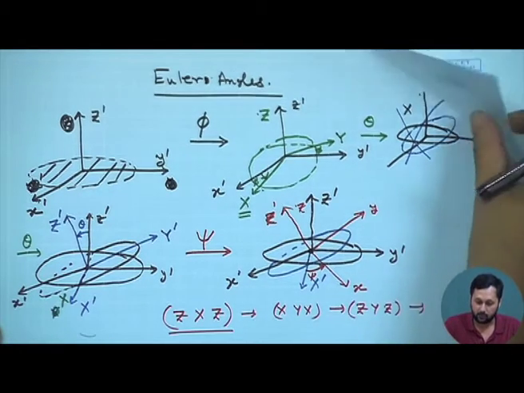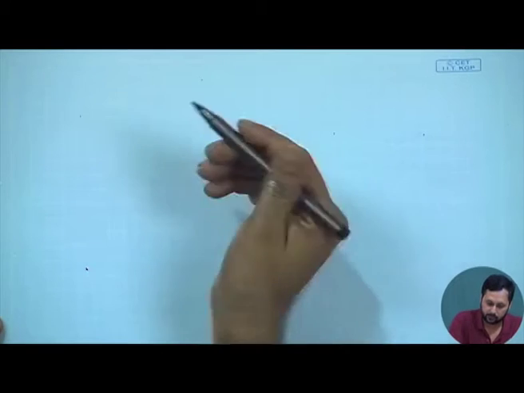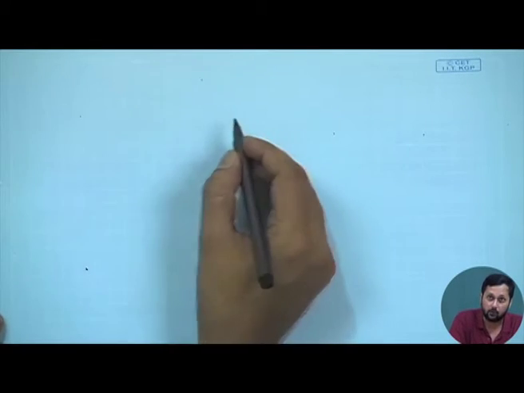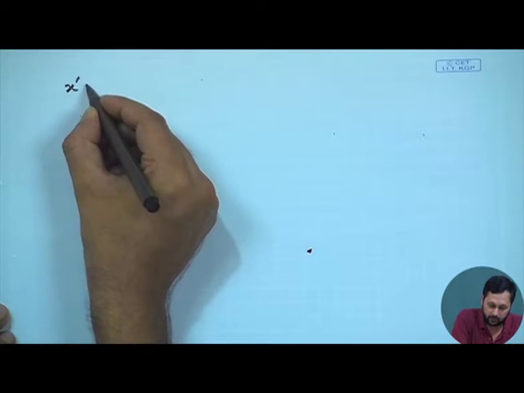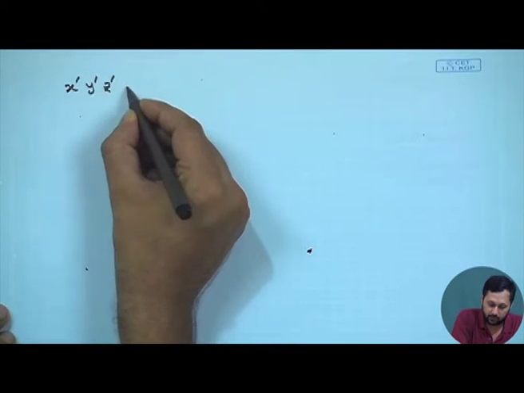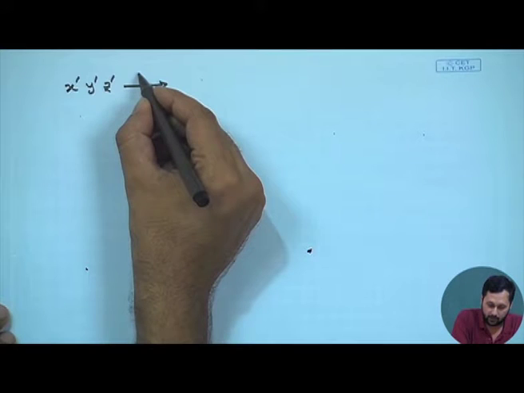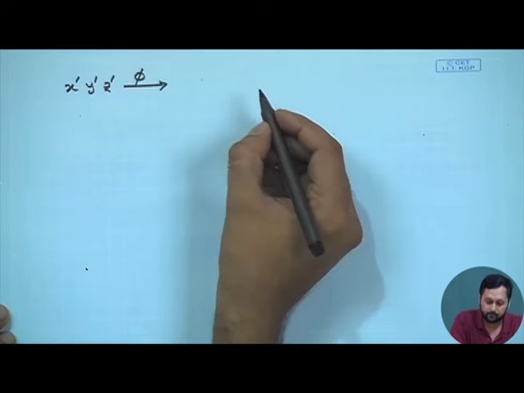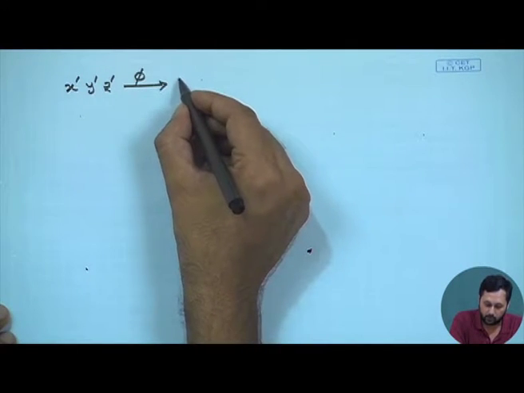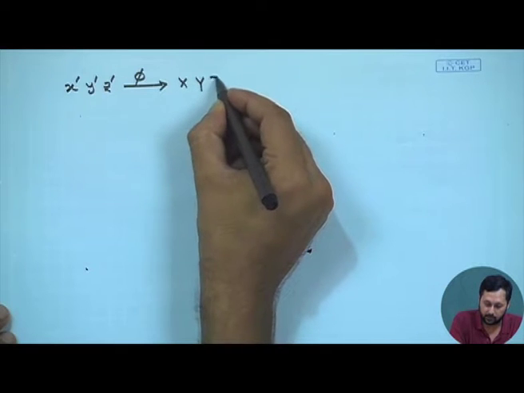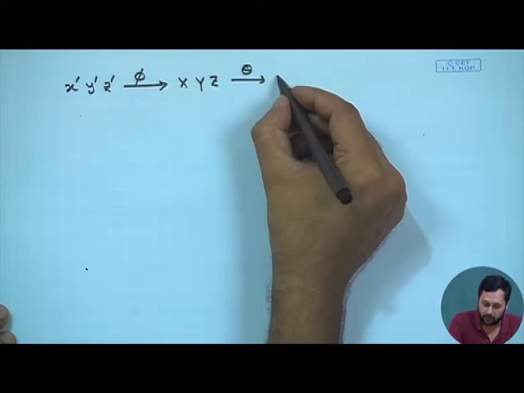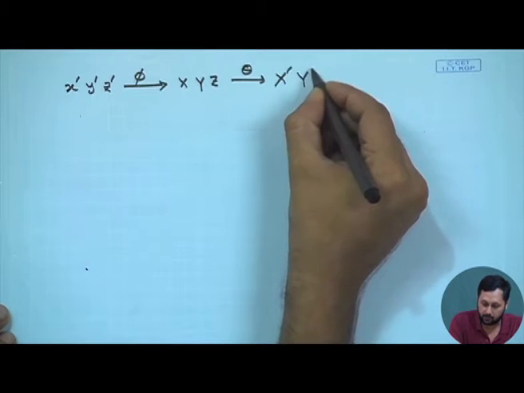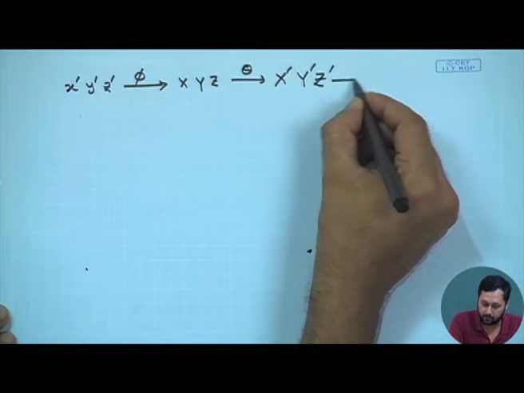So, the flow of movement, if we just go by the notation, is x prime, y prime, z prime. Just to summarize, we have phi, then we go to capital X, capital Y, capital Z. Theta, we have capital X prime, capital Y prime, capital Z prime.